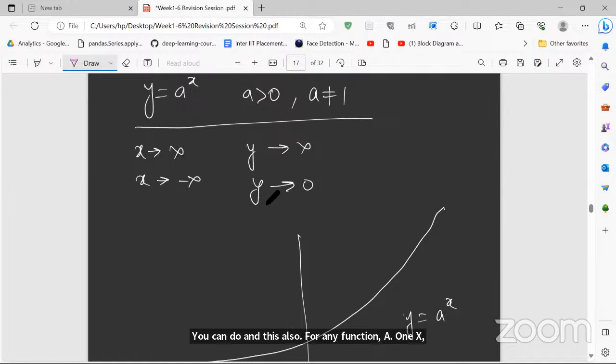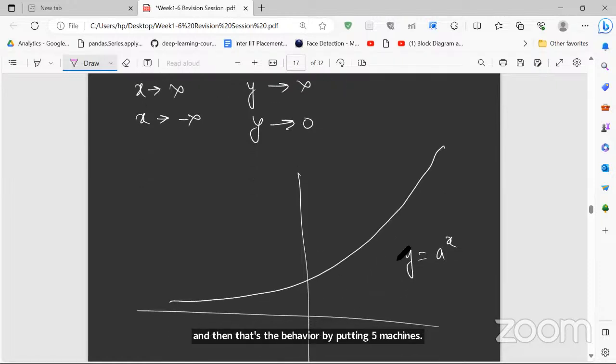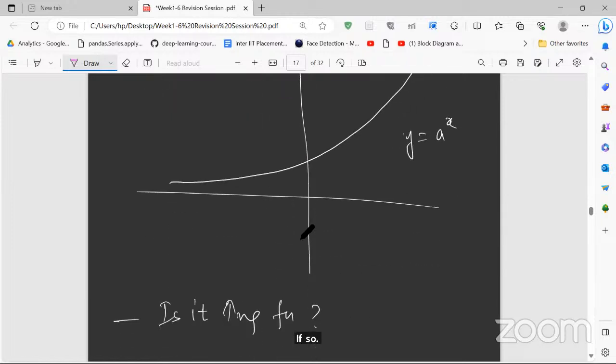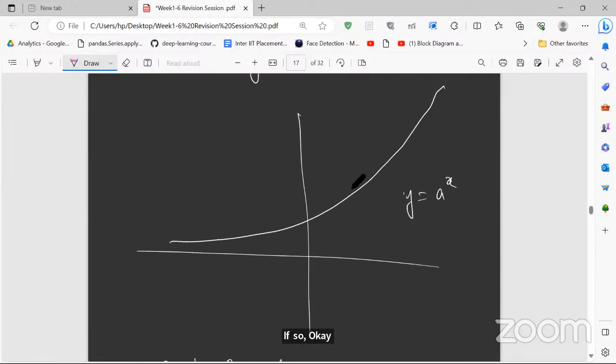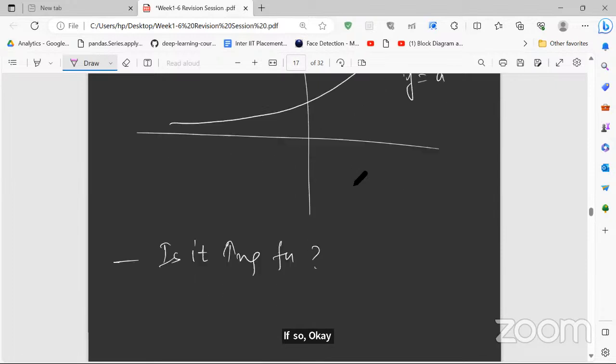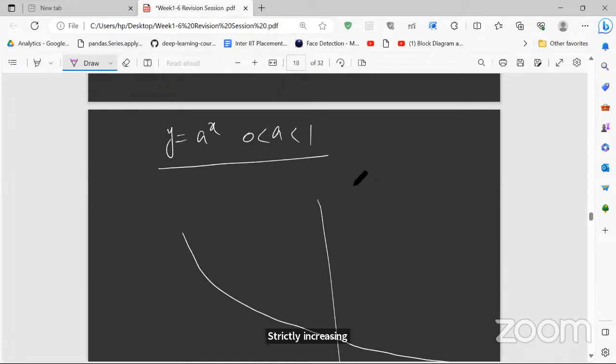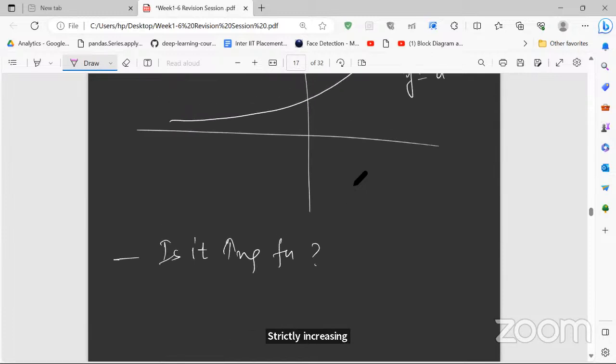For x equals minus infinity, it will tend to 0. Then you can plot it. Is this a 1-1 function? Yes, sir. This is how you check for a simple equation. Is this an increasing function? Strictly increasing. Sir, can you also explain what an asymptote is for these graphs?